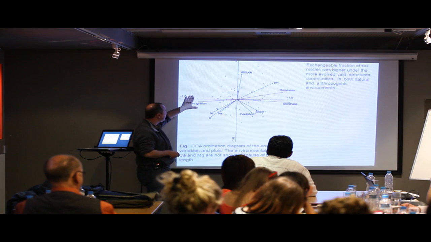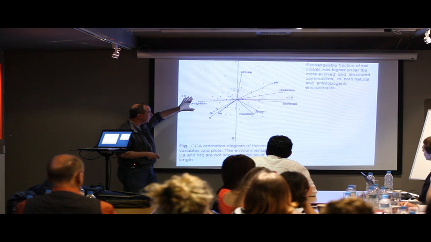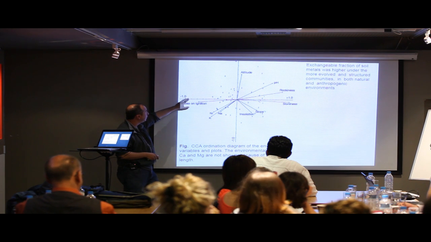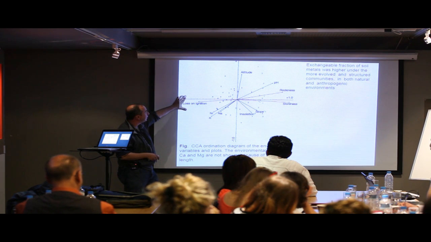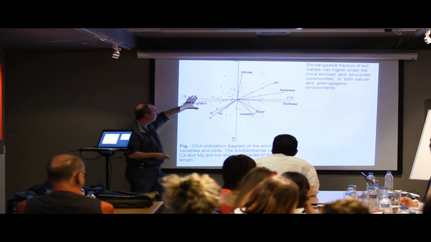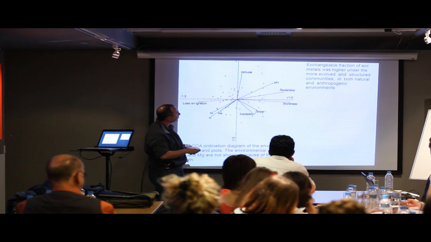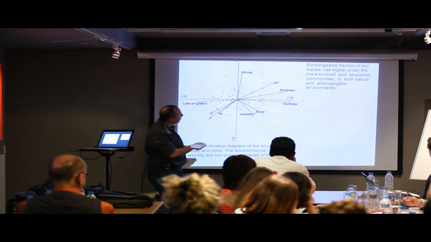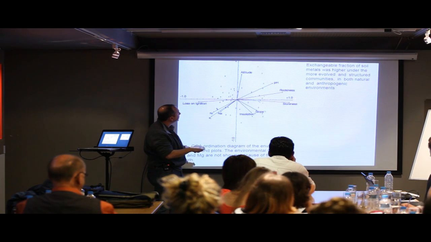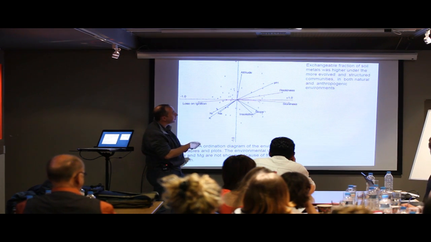environments. Here from the CCA diagram, canonical correspondence analysis, that he presents, we can see that the longest arrows are rockiness of soil, stoniness, altitude, and pH.